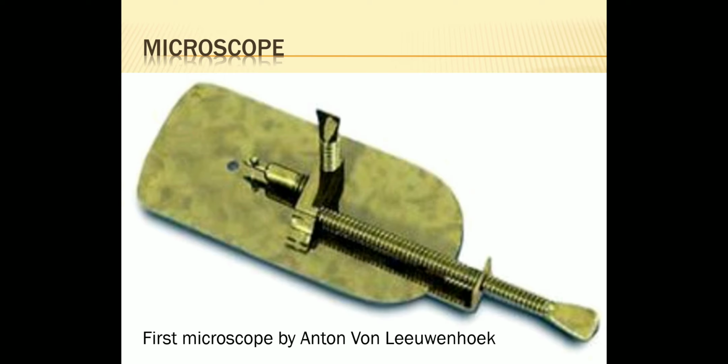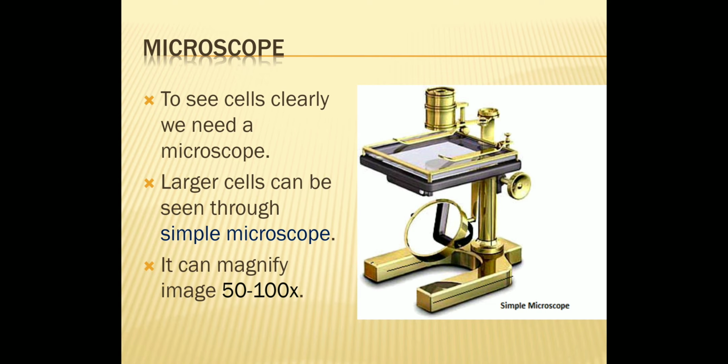Now coming towards the next part, that is the microscope. To see cells clearly, what we need is a microscope. You can see here the first microscope. This microscope was invented by Anton van Leeuwenhoek. Now there are different types of microscopes which are utilized for different types of cells.